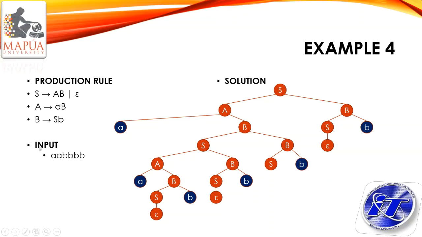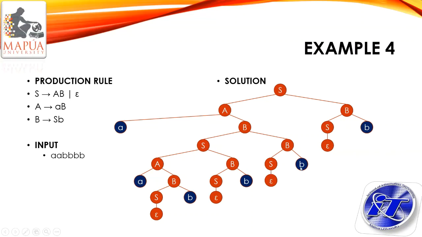Again, going back to our input, we have B, then followed by B. So we don't need to have an additional terminal symbol between this B and this B. So therefore, S will be replaced by null.